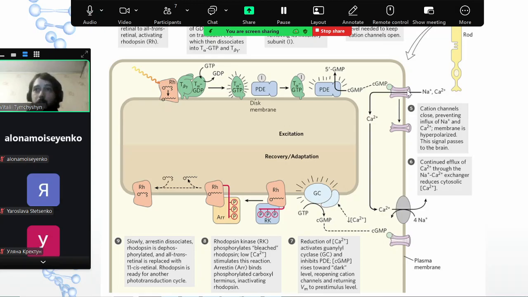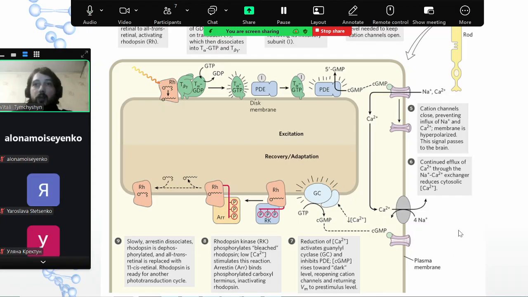When we turn off all these channels, some time will pass, and the calcium in the cell will be reduced, because these channels let in not only sodium but calcium as well. Now we have no way to let calcium in, but we have pumps that constantly move it out. So the concentration of calcium drops.